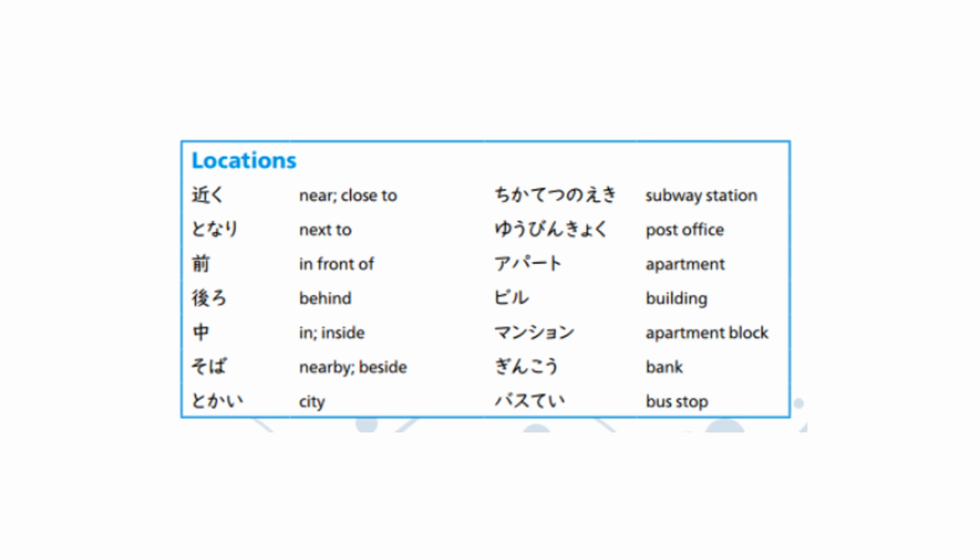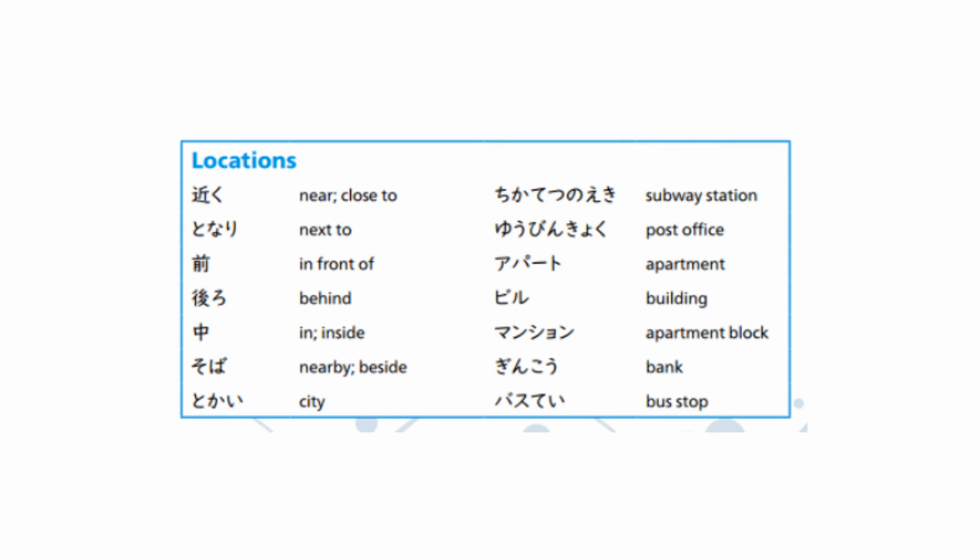Yubin kyoku, post office. That used to actually be my favorite word when I was in year 11 or 12 from memory. Just thought it looked cool. Okay, apato, which means apartment.